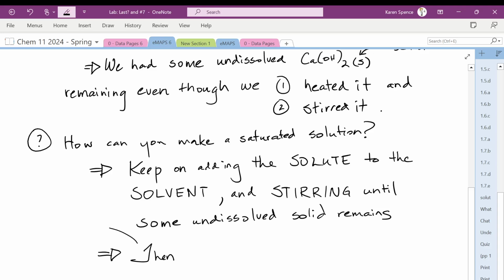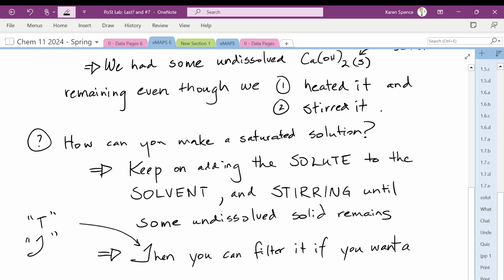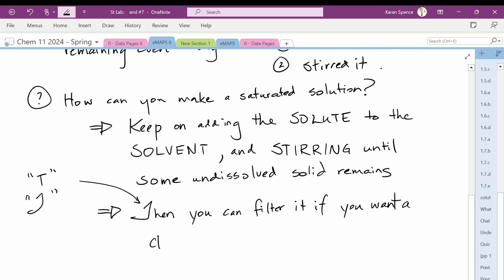Then that's my T, that's the letter T. If you haven't picked up on that yet, that's because they used to teach cursive back when I was in school, okay? Then you can filter it if you want a clear solution without any solid suspended.